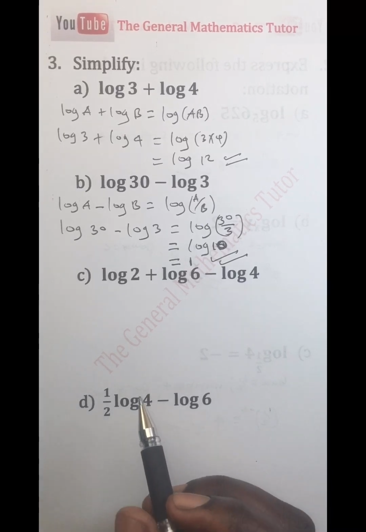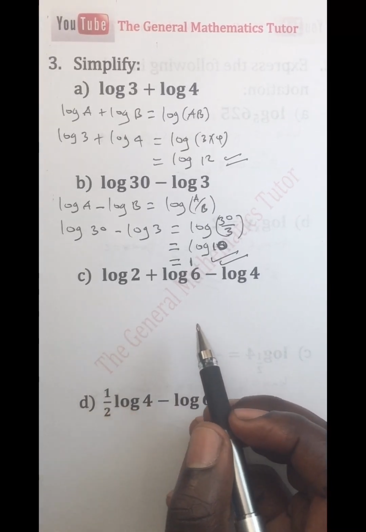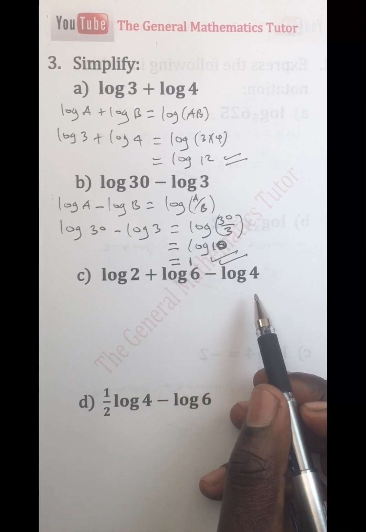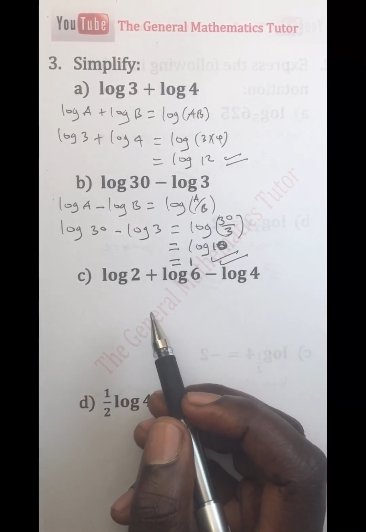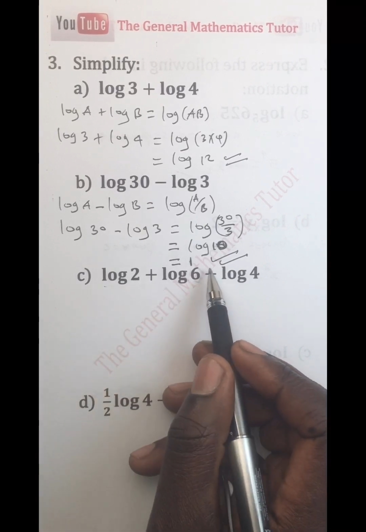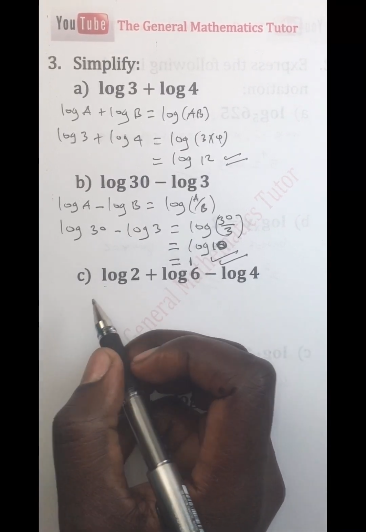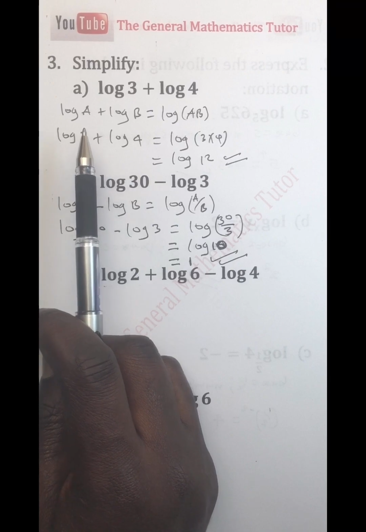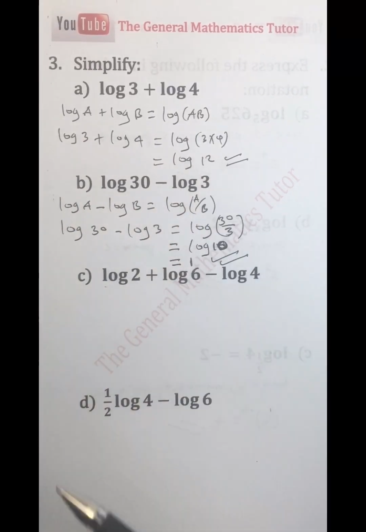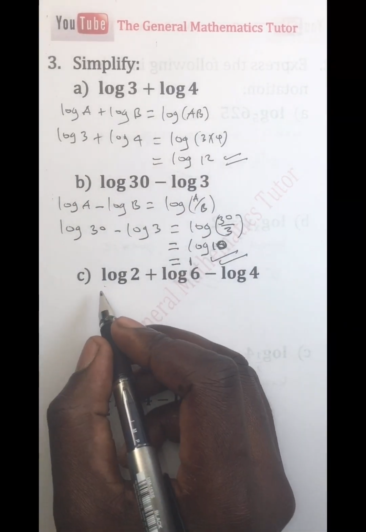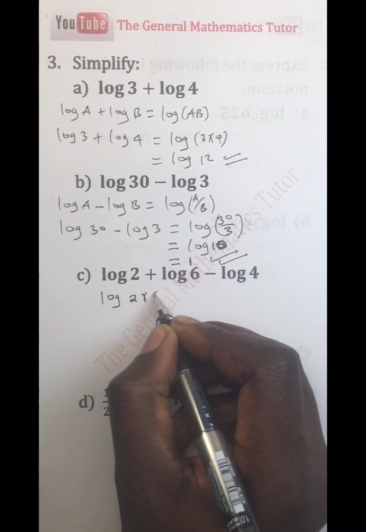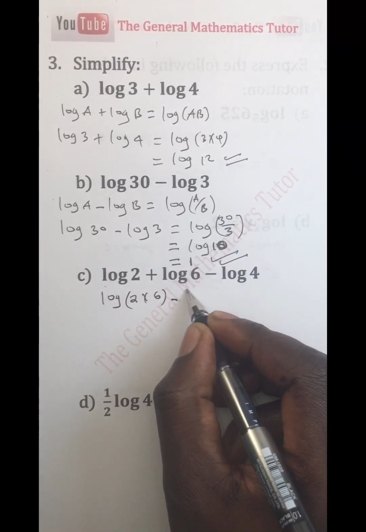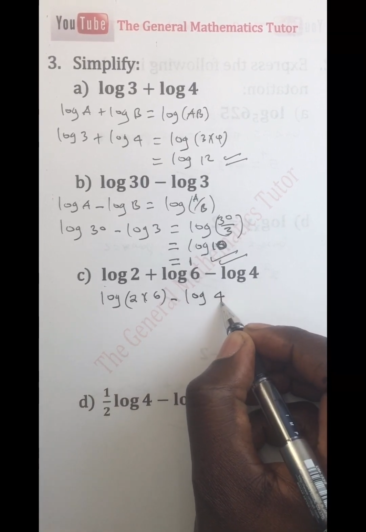Part C, log 2 plus log 6 minus log 4. So here we're going to apply both the first and the second laws. So for the first part, we're going to apply the first law, which says that the sum of logs is the same as the log of the product of the numbers. So in this case, we're going to have this as a log of 2 times 6 minus the log of 4.